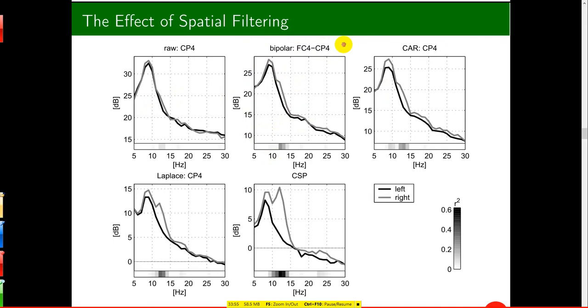Here, R-square is a metric that shows the discriminatory level of two-class patterns. We see some pattern here. And when you apply common average referencing, the effect is as follows. Much better. Laplace, common average, entire global, and Laplace local.